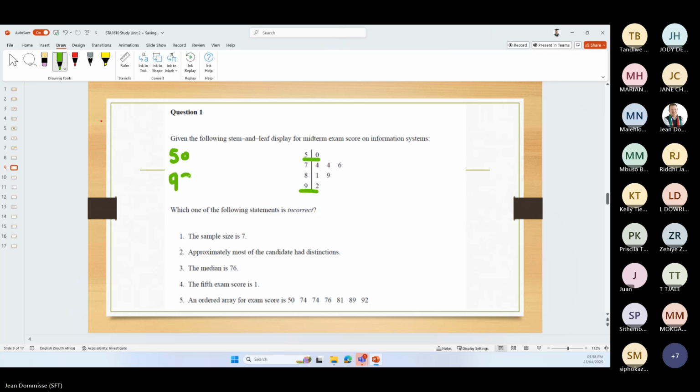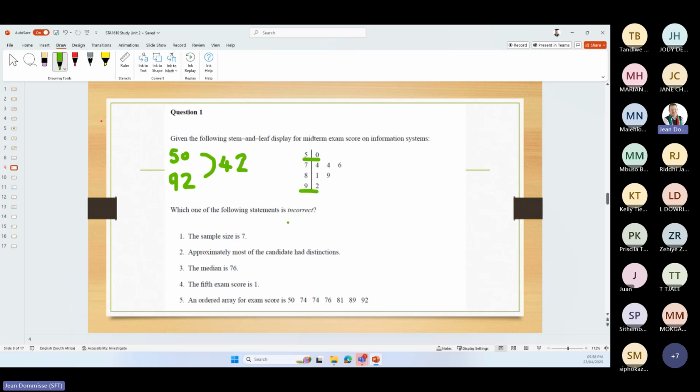So again, we'll do this in study unit 3, but if we needed to work out a range, it would have been your maximum minus your minimum. So that would have been 42. But as I said, this we will cover in the next study unit. But again, that is one of the things that they could add to a question like this.